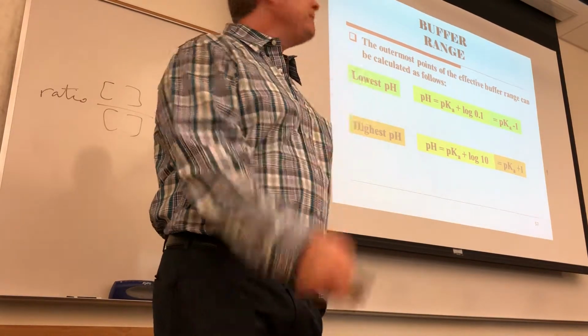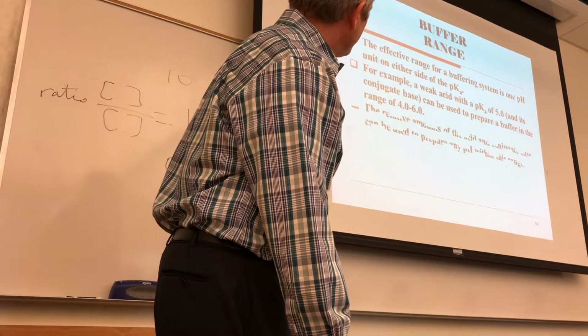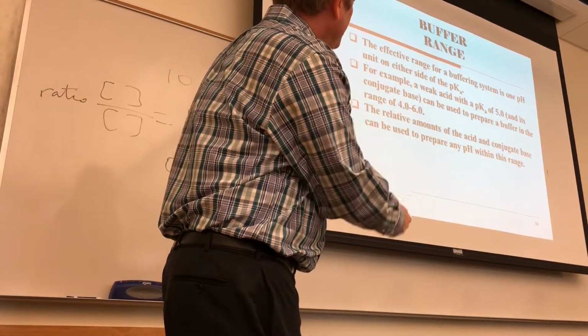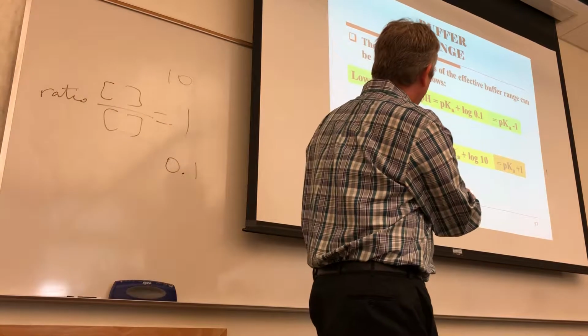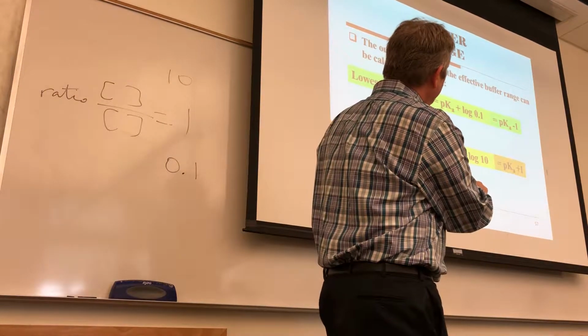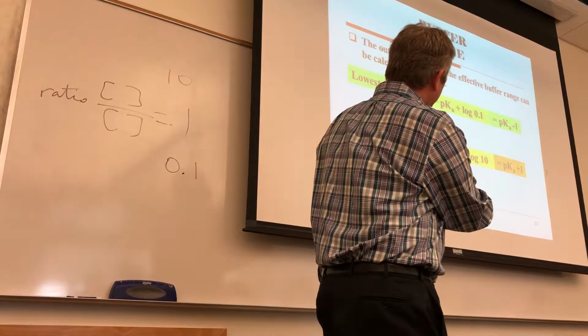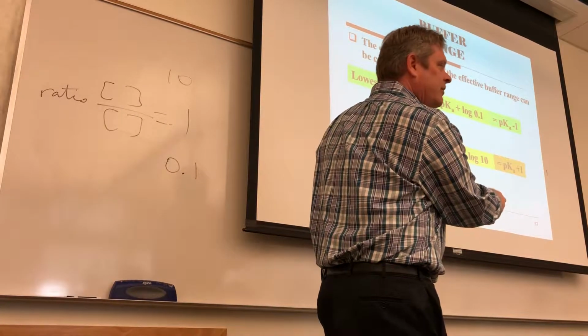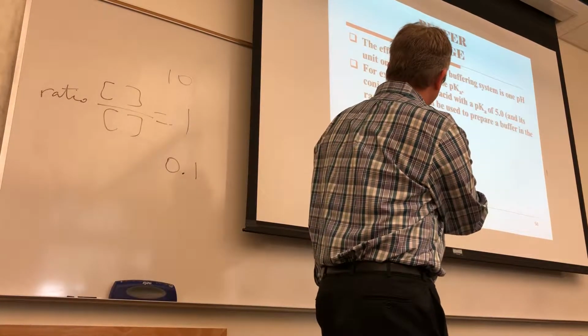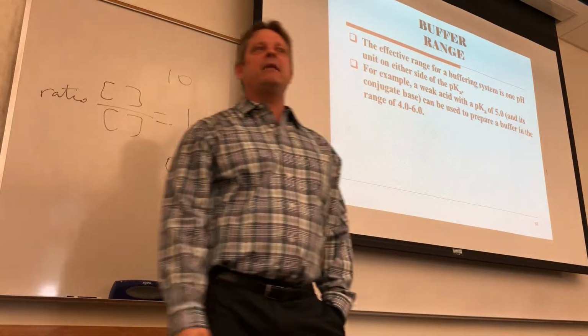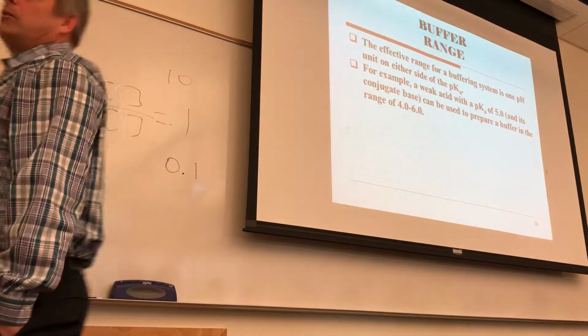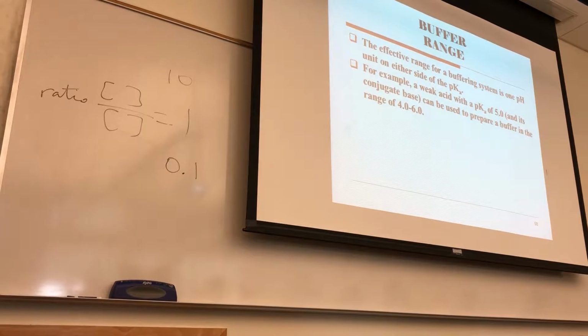That's 5 minus 1 is 4, and 5 plus 1 is 6, which is just what we see here. That's all it's saying, and that's just based on the ratio of the buffer system. Nothing new there, it's just another way to state it.